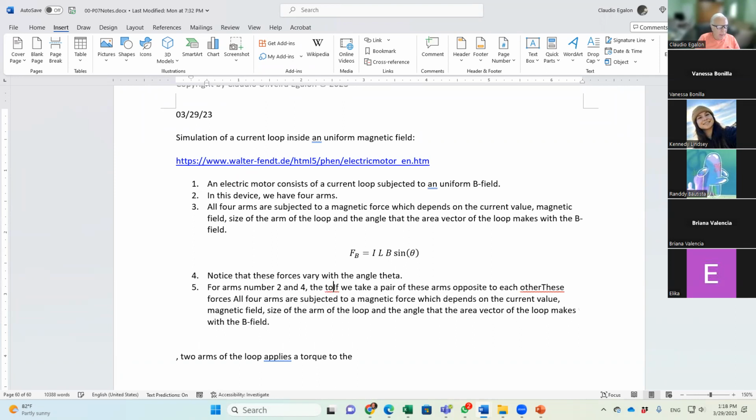The torque of this force, the net torque of this force, those are the force values.